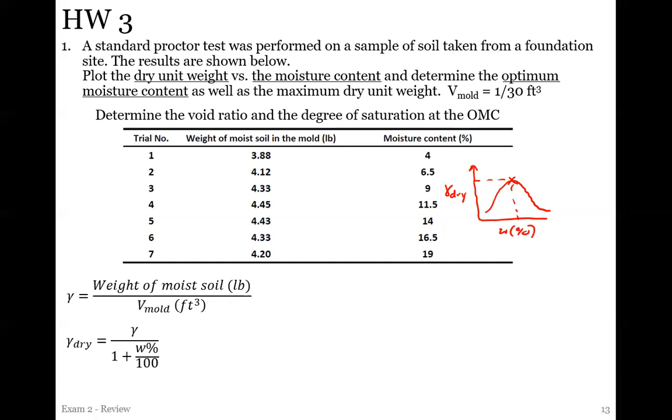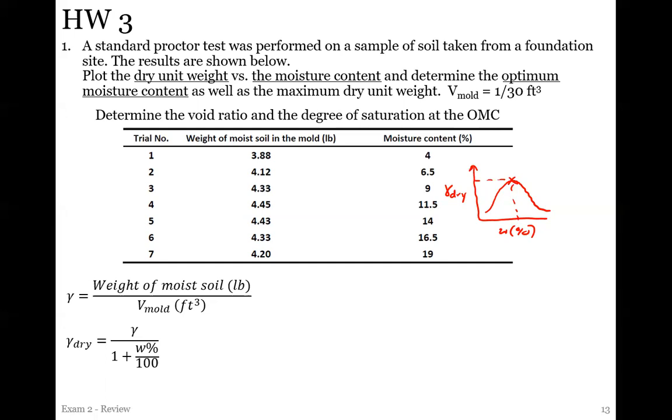If we have too little water, then the particles aren't going to be lubricated and they're going to be locked into place, and we won't be able to have that transfer of energy into compaction. So there's that optimum point, that sweet spot where there's just enough water, but not too much water, that will allow the particles to rearrange and absorb the energy, so we can have compaction.